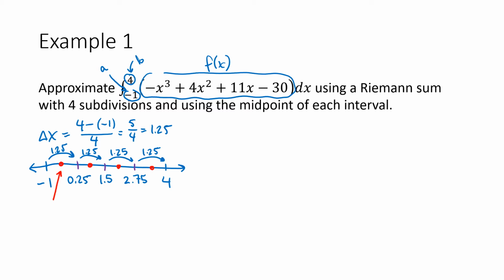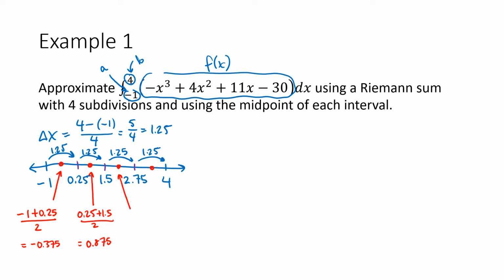So in this case, the midpoint is the average of those two numbers, -1 plus 0.25 divided by 2. That's going to be -0.375. Here, my average of 0.25 plus 1.5 divided by 2. That works out to be 0.875.